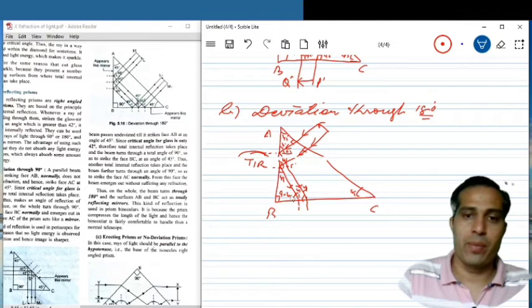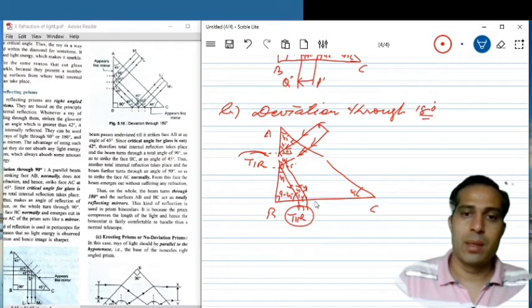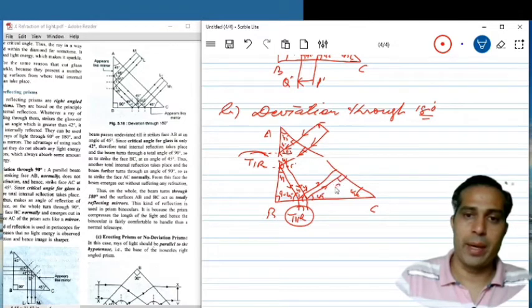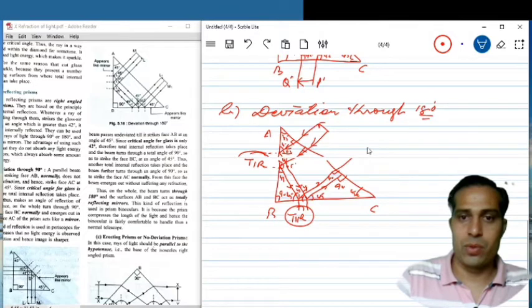So at this surface also TIR will take place again, and the ray will get reflected towards this surface again. We know this surface angle is 45 and this angle is again 45, so this angle will be 90, and this is also 90. So at 90 it will again pass without any deviation. It will pass straight.